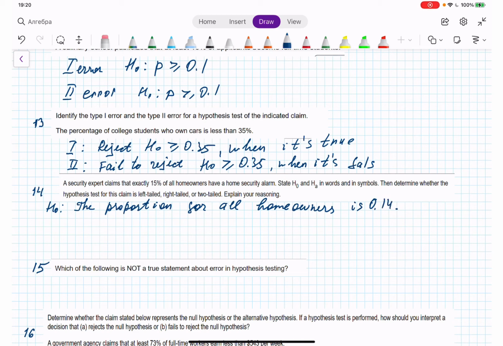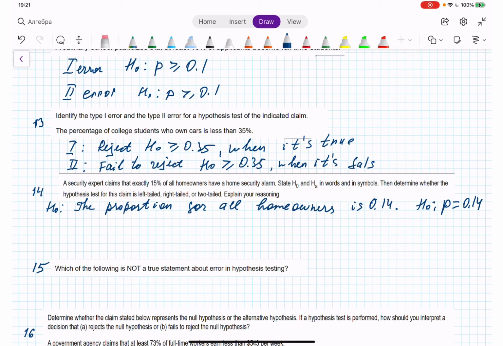Okay? The null hypothesis is expressed symbolically as P, proportion, equals 0.15. Every time when we have a percentage, we are dealing with proportion.